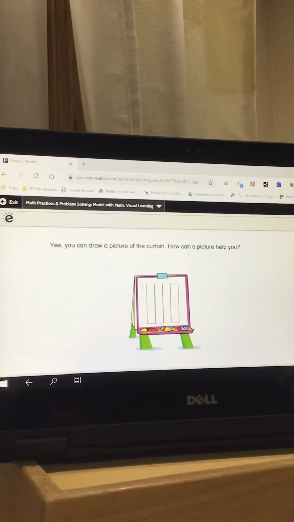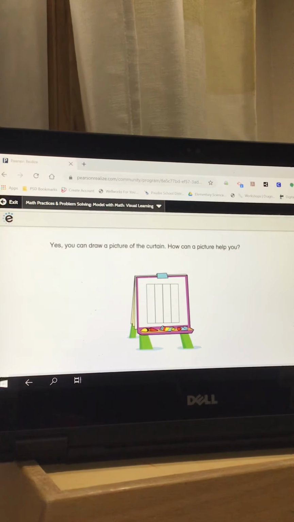Now, if I draw this picture and I can tell that it's a curtain and that it's divided into 4 equal spots, right? 4 equal shares. 1, 2, 3, 4. But now I don't remember how many of each color there is.